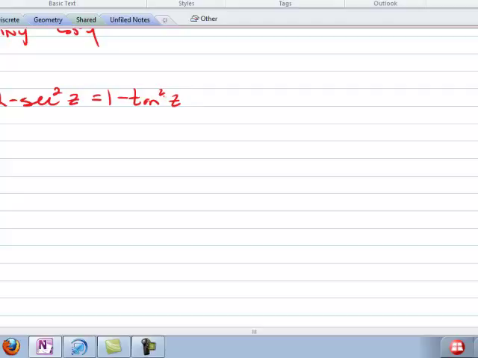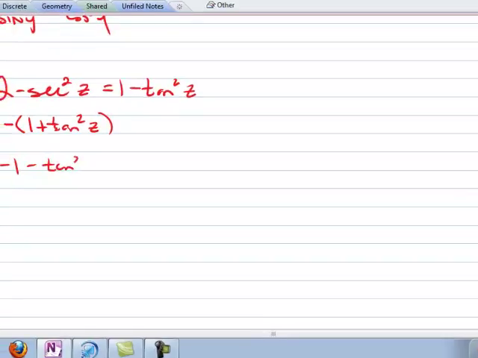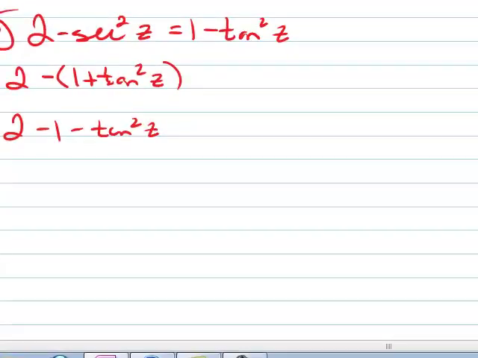You change the secant squared to 1 plus tangent squared. Plus. Wow, that's a tangent. Yeah, okay. And then what? Distribute the minus, and you have 2 minus 1 minus tangent squared. 2 minus 1 is 1.